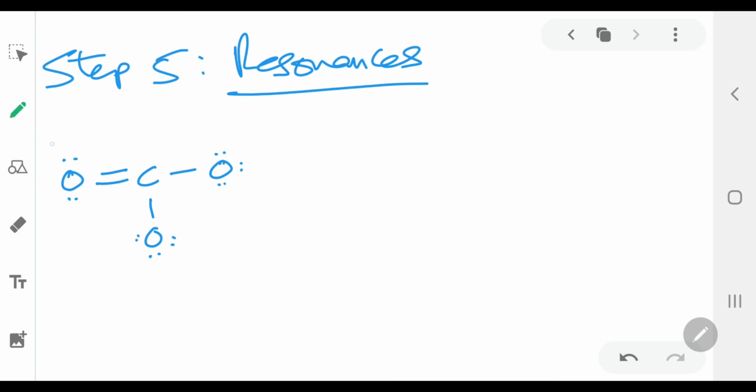Okay, don't forget the formal charge. Over here, 0, 0, -1, -1. Okay. So for resonance, you need to show that arrow. Okay, that arrow is very important.